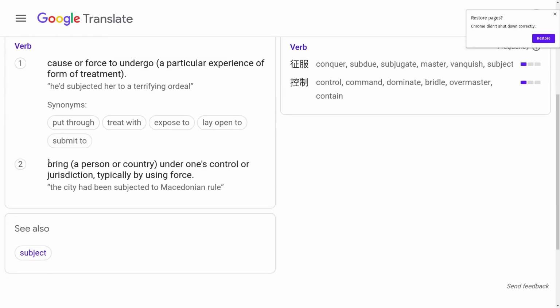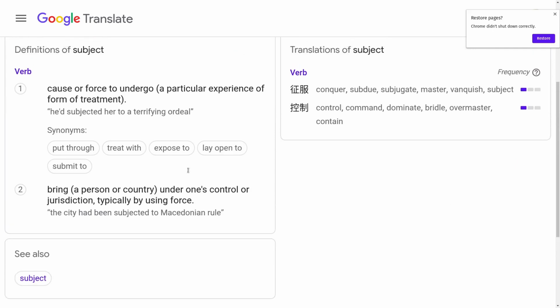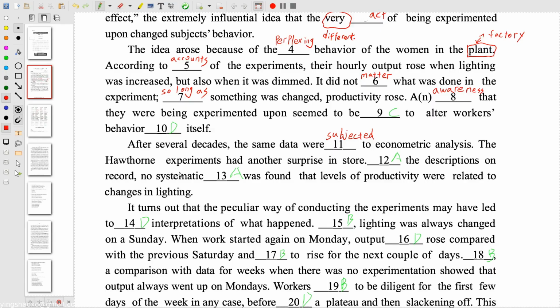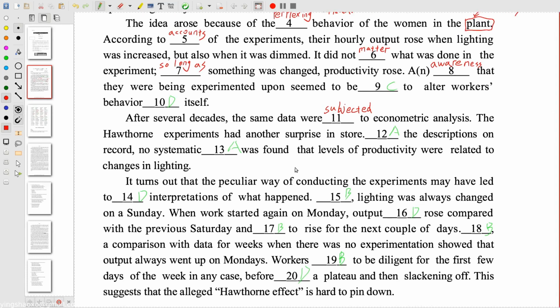This is the meaning of subjected: bring a person or country under someone's control or something like that. So after several decades, the same data were subjected to econometric analysis.